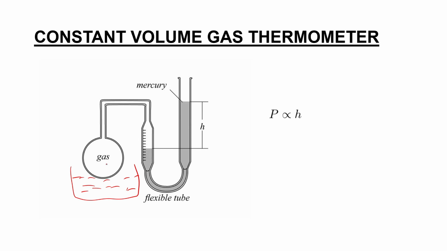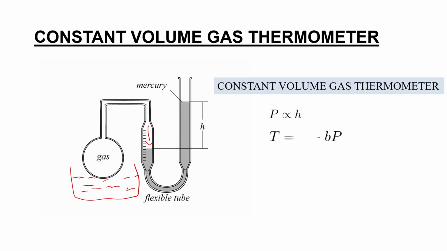If the temperature is increased, since the volume is kept constant, the pressure of the gas increases and this pushes the mercury up. So you can measure H here. That means this pressure is directly proportional to H, that is the height of the mercury. So you can measure this H to measure the change in pressure, which in turn can be used to measure the temperature. This is how a constant volume gas thermometer works.